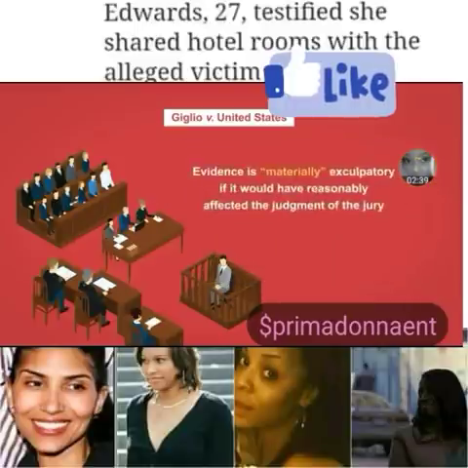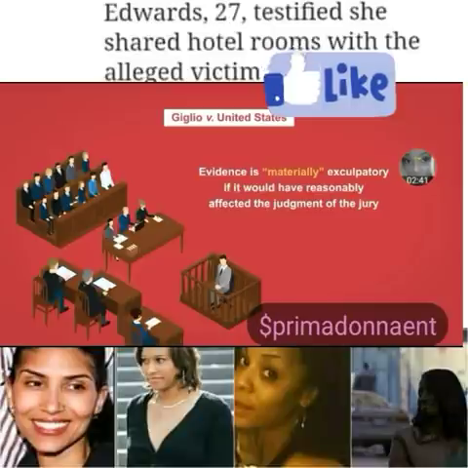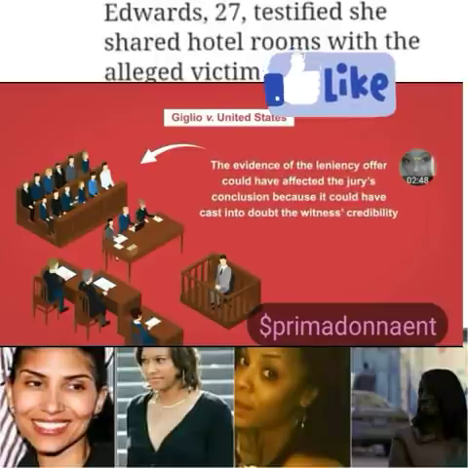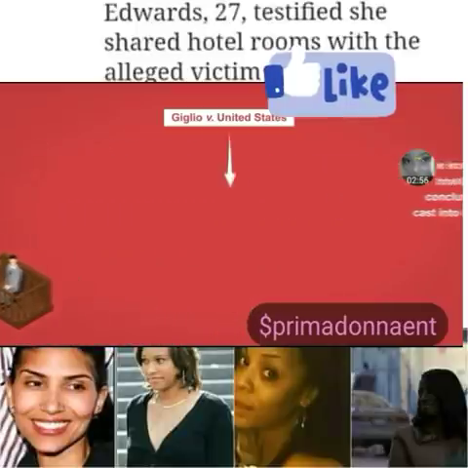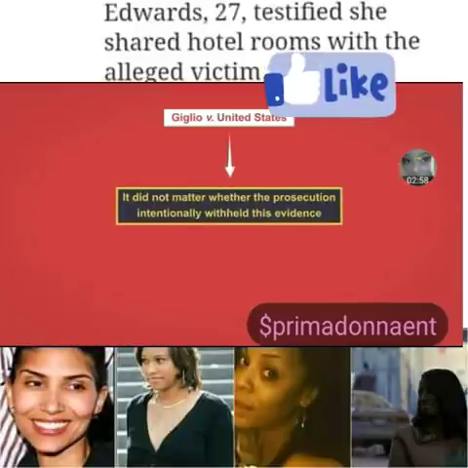The case established that evidence is materially exculpatory if it would have reasonably affected the judgment of the jury. Here, the evidence of the leniency offer could have affected the jury's conclusion because it could have cast into doubt the witness's credibility. The court further ruled that it did not matter whether the prosecution intentionally withheld this evidence.